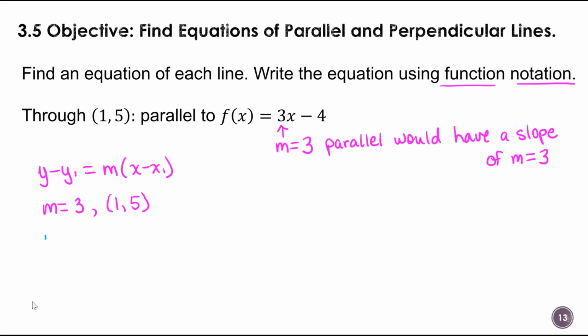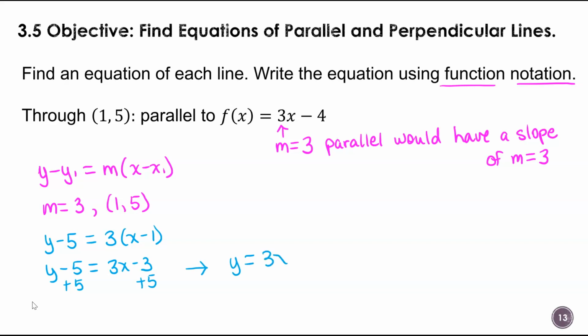It will be y minus 5 because 5 is my y coordinate, equals 3 times x minus 1. So that's 3x minus 3. We're going to add 5 to both sides. And then we get y equals 3x plus 2.